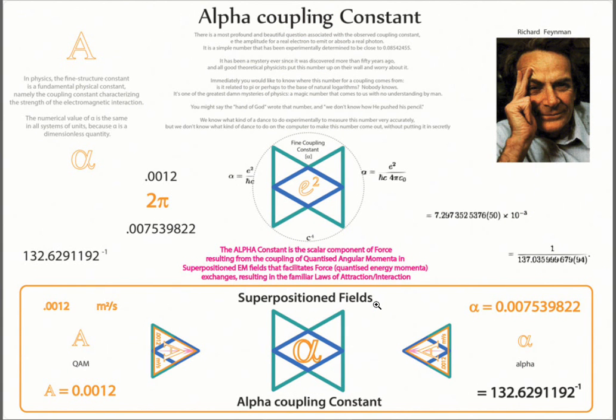This field's traditionally been calculated from a mathematical perspective, and it's given an incorrect number of the inverse of 137. In fact, the number is the inverse of 132, and this is derived from the theoretical basis of equilateral geometries in Tetryonics, and in fact alpha per c squared gives us quantized charge, or 1.335 by 10 to the minus 20 coulombs.